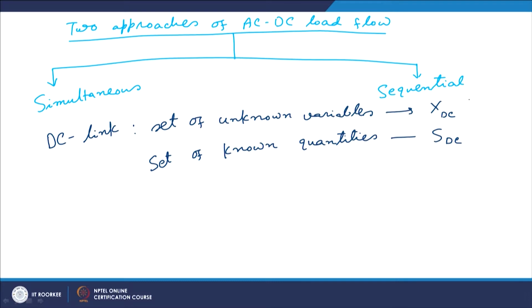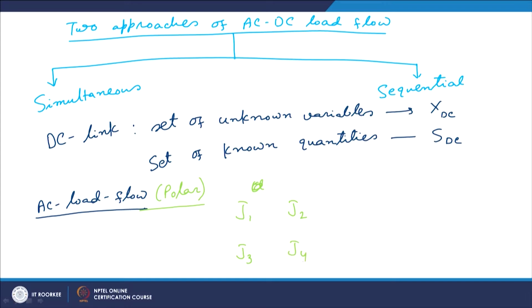For example, in the case of AC load flow, if we look at Newton-Raphson polar, our equations are J1, J2, J3, J4 multiplied by delta theta, delta V, equal to delta P and delta Q. So, this is known to us.